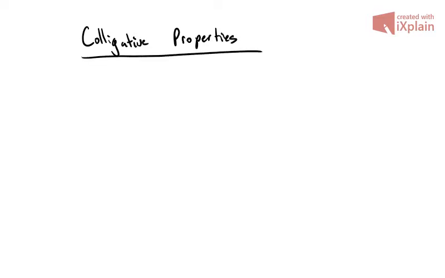Alrighty guys, so today we are talking about colligative properties. Colligative properties can include the boiling point, I guess I should say what they actually are.